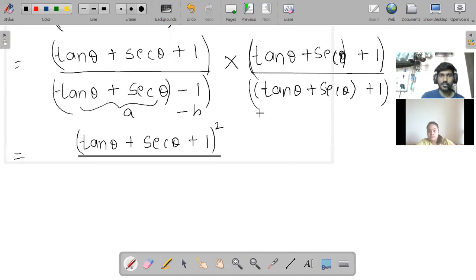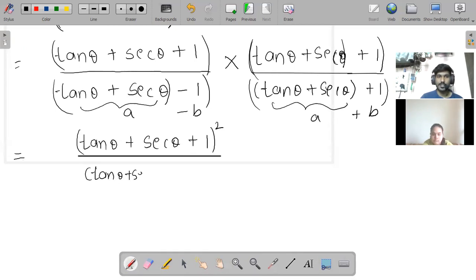So it becomes a minus b, and here it becomes a plus b. That gives a square minus b square, where a is tan theta plus sec theta, and b is 1, and 1 square is 1.